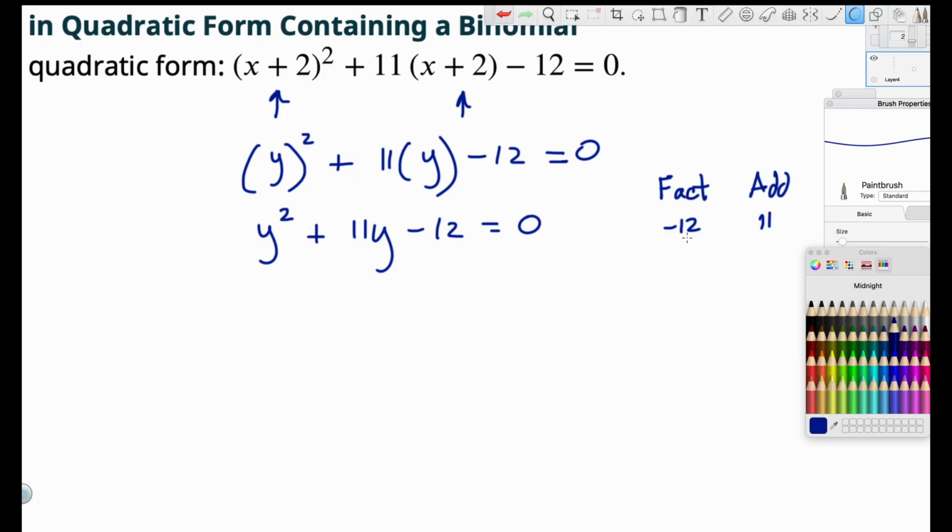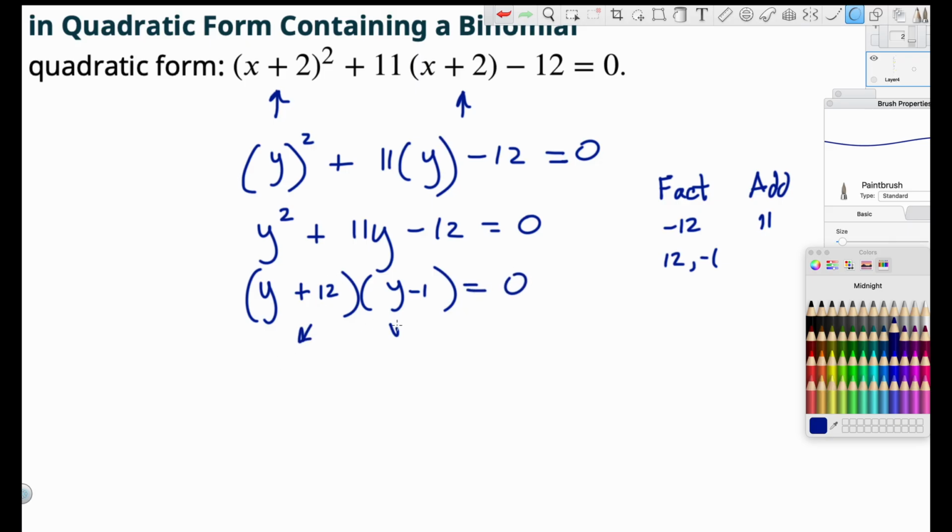Negative 1 and a positive 12 would add to 11. We have negative 2 and a 6, a negative 3 and a 4. Hope you see that the correct factors would be 12 and a negative 1, right? So how about we go y plus 12 and y minus 1.